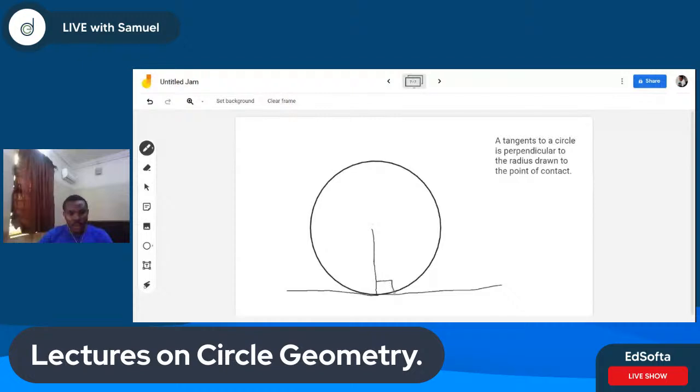That line is perpendicular. That line is what? Perpendicular.